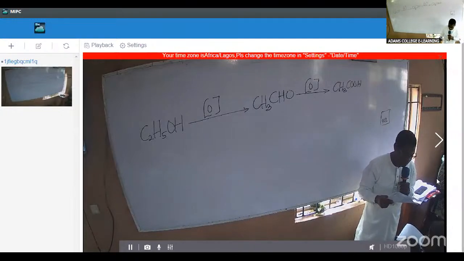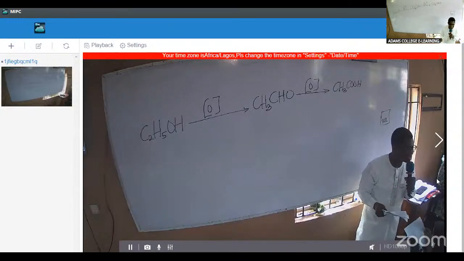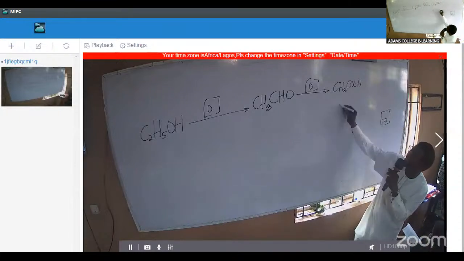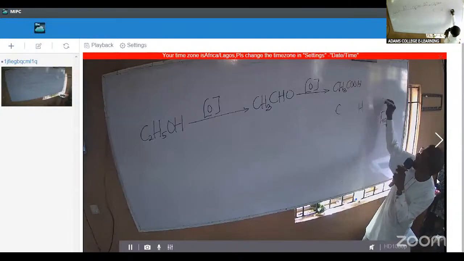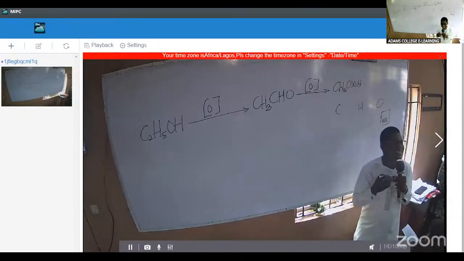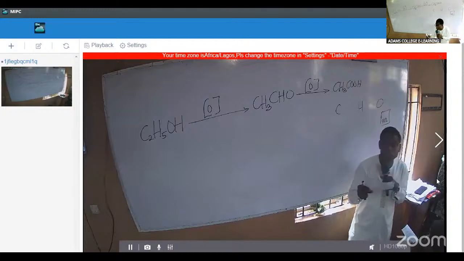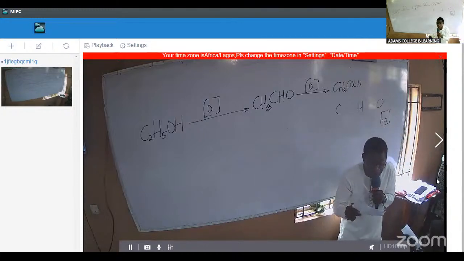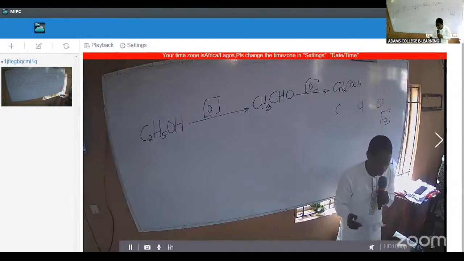Number 47. Don't go and be doing rubbish. Don't go and do carbon, hydrogen, oxygen, you are wasting time. They have already told you the molecular mass, how much? Go and look at the one that will give you 180. That's all. Option A is wrong, that's the empirical formula.